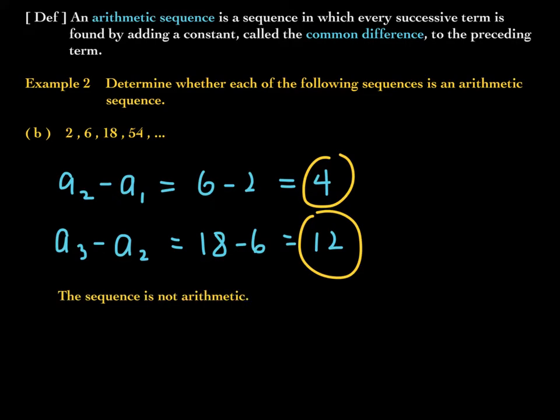Now, in order for us to work more efficiently with these sequences and to answer some questions about the terms within the sequence, we are going to have to focus on what's called the general term for any arithmetic sequence. Now, let's derive the general term for an arithmetic sequence. Because we know their pattern, this shouldn't be too difficult. The first term for an arithmetic sequence is a sub 1, comma.